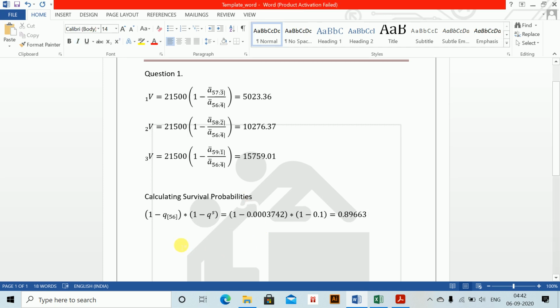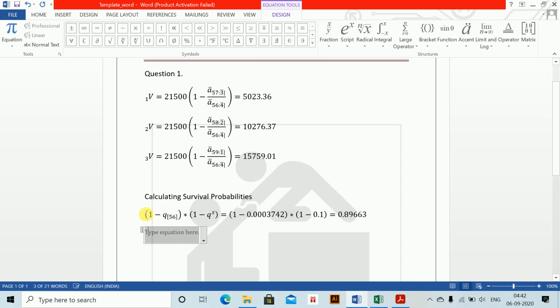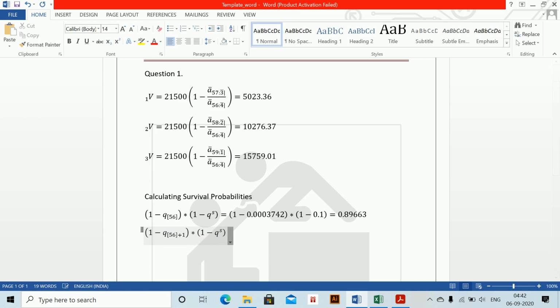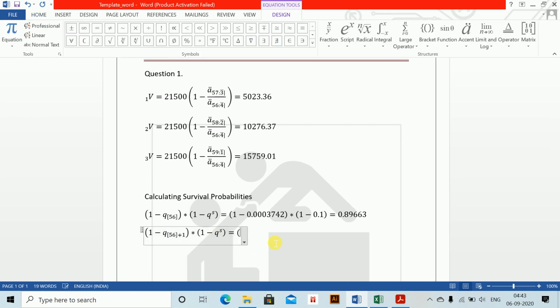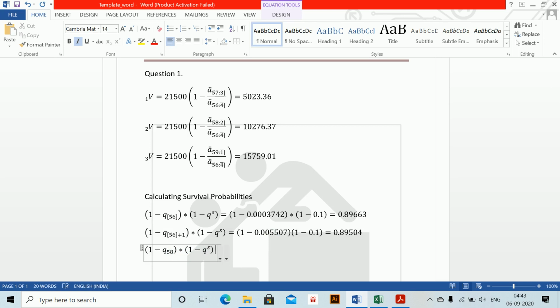Next, this is for year 1. Next is equal to, don't write this, copy this, at least till here, 1 minus q_56 plus 1, the denominator, into 1 minus qs, which is equal to 1 minus 0.005507 into 1 minus 0.1, which is equal to 0.89504, and the last one is 1 minus q_58 into 1 minus qs, which is equal to 1 minus 0.006352 into 1 minus 0.1, which is equal to 0.89428.